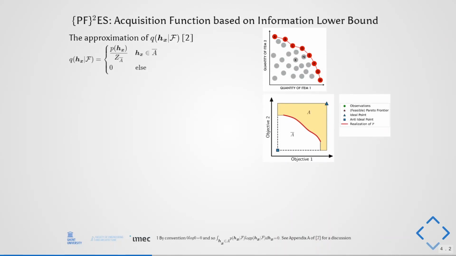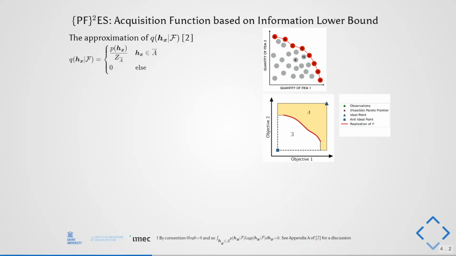So how should we have a reasonable approximation of q here? Well, we simply utilize the approximation shown in the equation. In short, this is a truncated distribution of p, normalized by a normalization constant Z of A complement here.